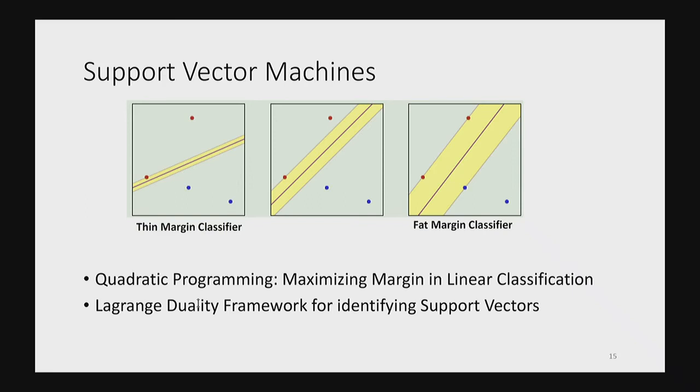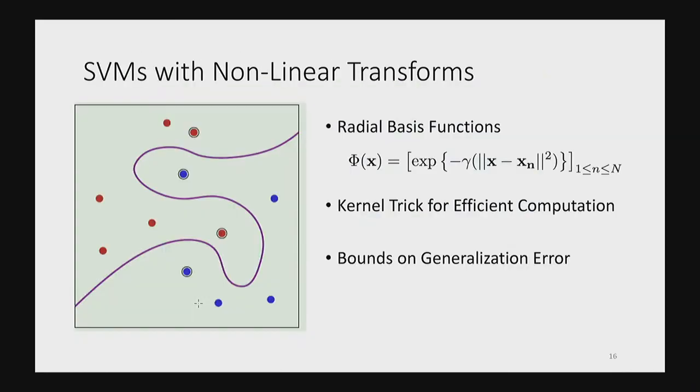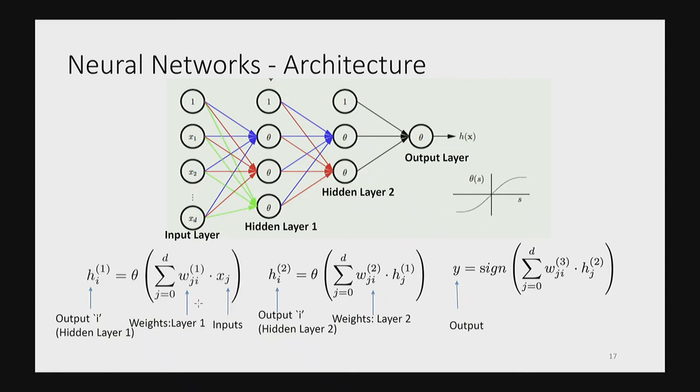That's neural networks, but I'll skip this one because there's also a nonlinear form of SVM. But neural network, of course, is an important method. It is the most important method nowadays, since around 2010, because it has been demonstrated to work very well, especially in image recognition.